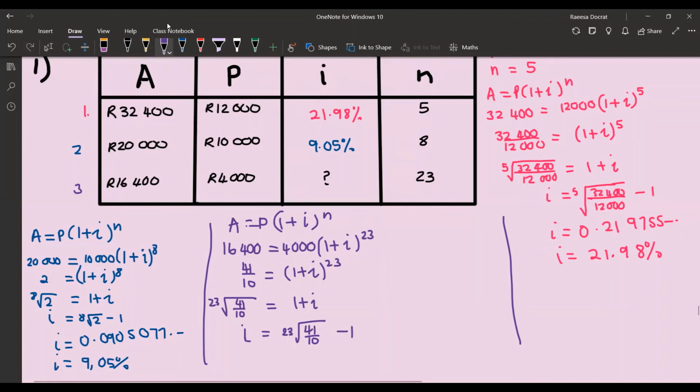So then once again, typing that into our calculator, our interest rate is 0.063268. And multiplying it by 100, we get that the interest rate is 6.33%. And that is the final one, 6.33%.